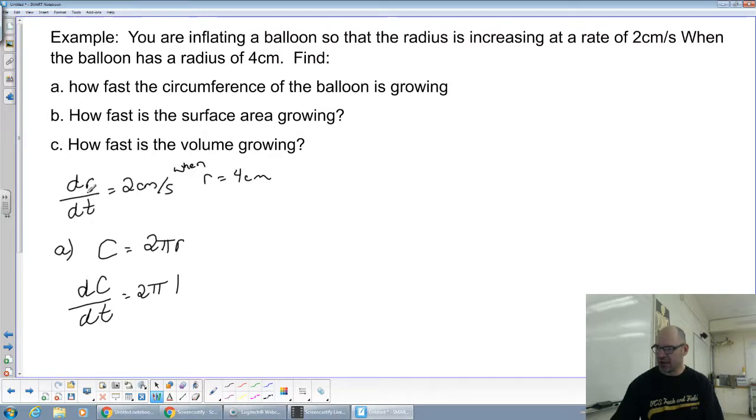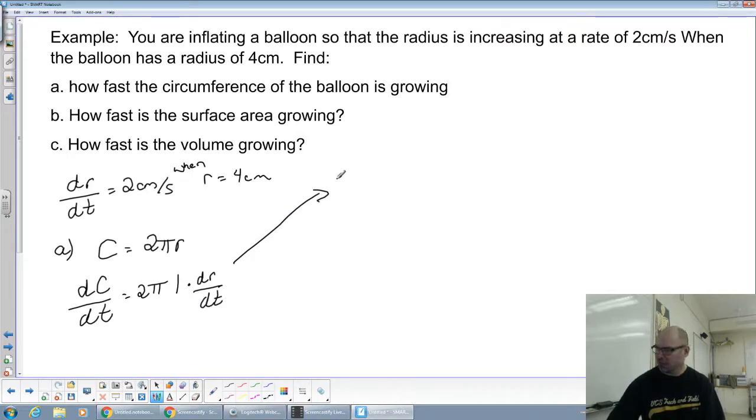And then we add in the dr dt. The radius change. So this is the expression. The rate of change of the circumference will equal 2 pi times 1 times the rate of change of the radius. And that's basically what it means. And we notice that we don't need to use the r in this case, but you'll see we'll need it later.